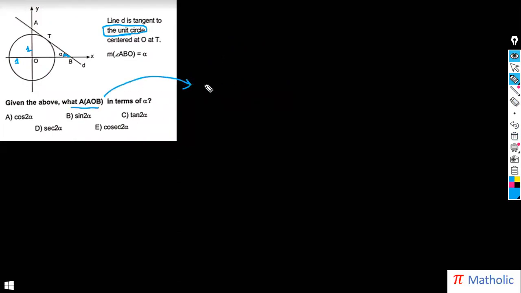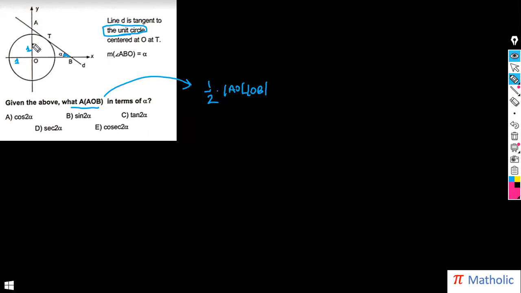So let's remember, area of the triangle is 1 over 2 times, for this question, AO times OB. So our point here is to write AO and OB in terms of sine, cosine, or tangent.